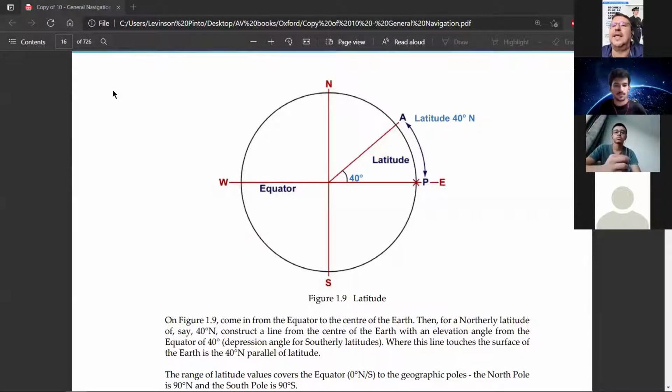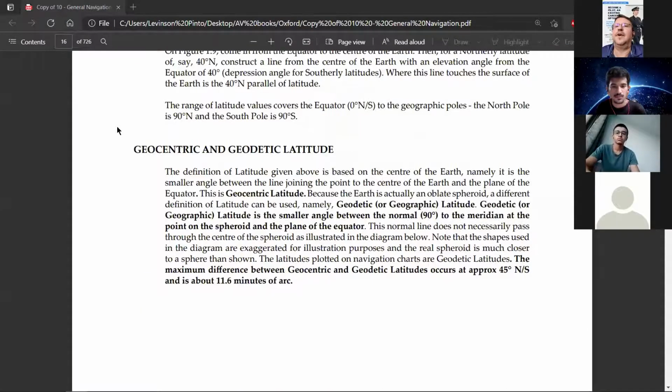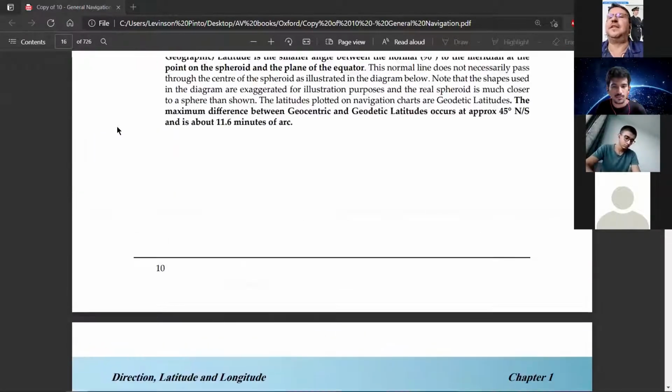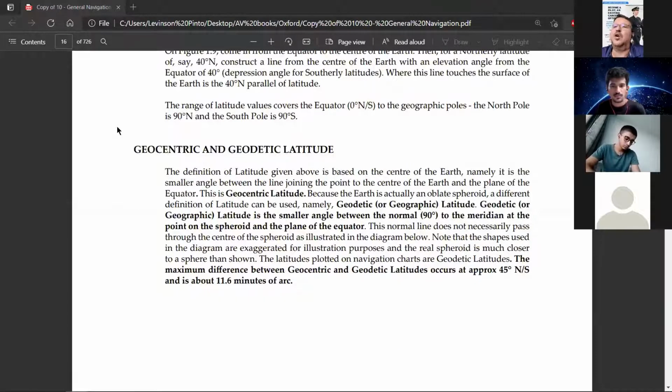Geocentric and geodetic latitude. For example, the definition of latitude given above is based on the center of the Earth, okay? Namely, it is the smaller angle between the line joining the point to the center of the Earth and the plane of the equator. This is geocentric latitude. Because the Earth is actually an oblate spheroid, a different definition of latitude can be used, namely geodetic or geographic latitude.